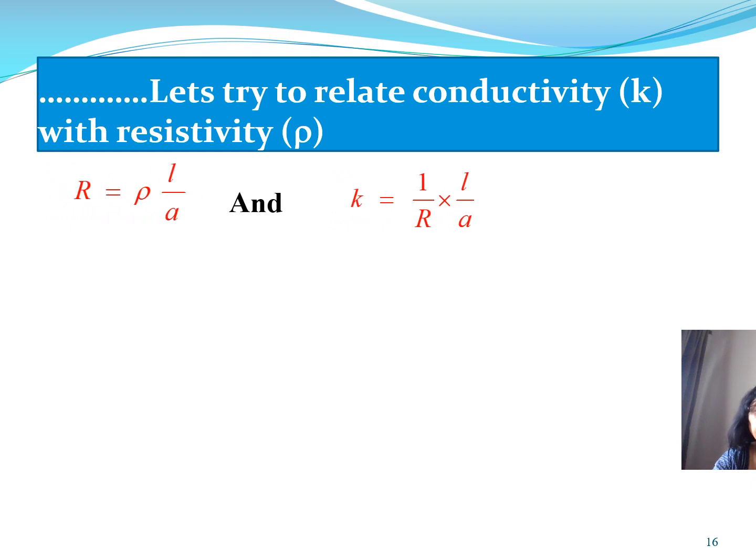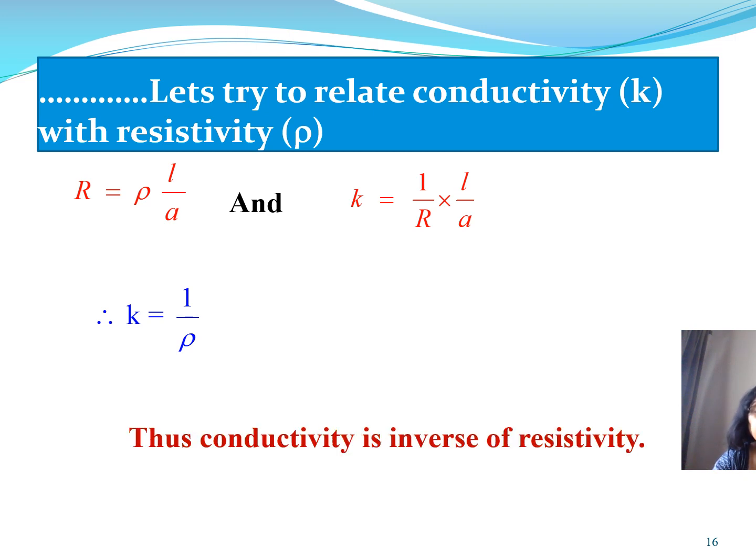Let us compare or relate conductivity and resistivity. Resistivity: R is equal to rho L upon A, so rho is equal to R A upon L, while K is equal to 1 upon R into L upon A. So K is inversely proportional to resistivity.